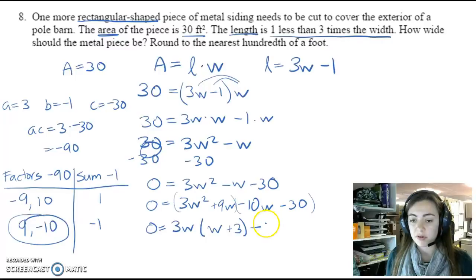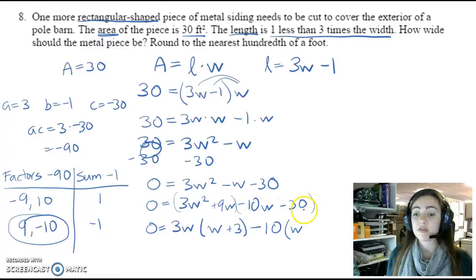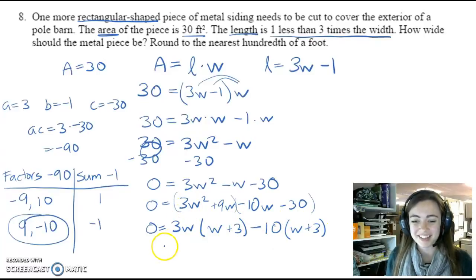It looks like we can divide them both by 10. Negative 10w divided by negative 10 is just w. Negative 30 divided by negative 10 is 3. And because these are the same, we know that we figured it out. So now we have 0 is equal to 3w minus 10 and w plus 3.